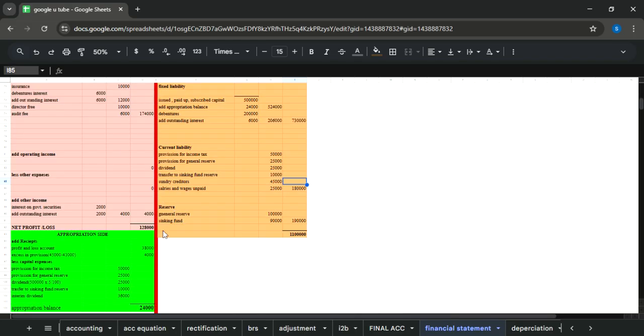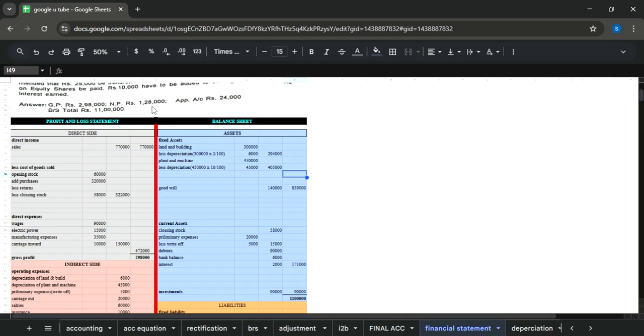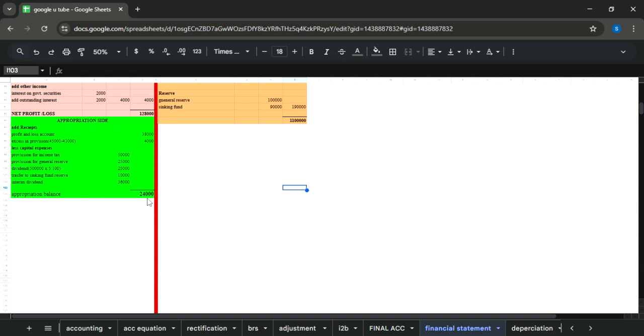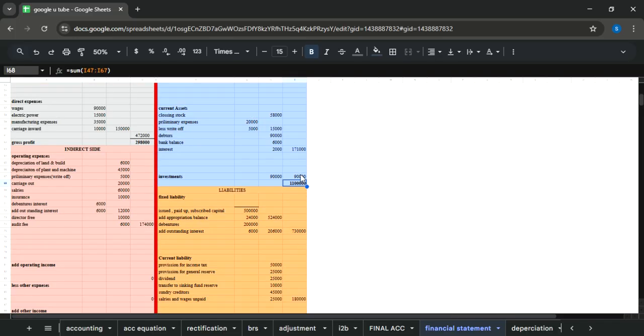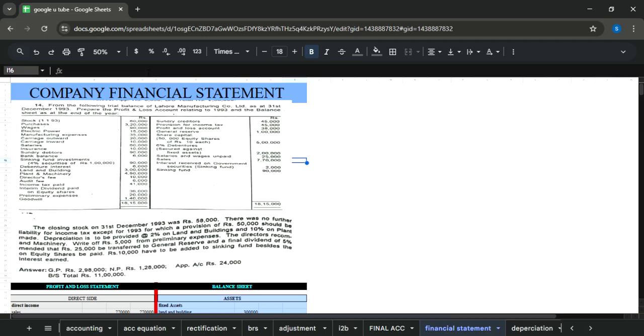Net profit was 128, and you have seen 128 net profit is over here. Appropriation 24,000. Look here, 24,000. 3 answers matched. Liability side total 11 lakh. Asset side total 11 lakh. That means our answers are matched.